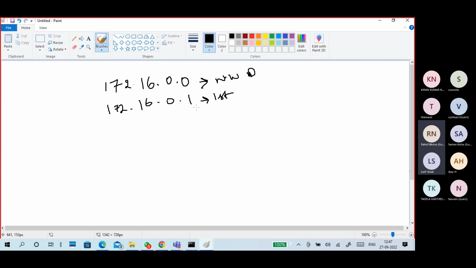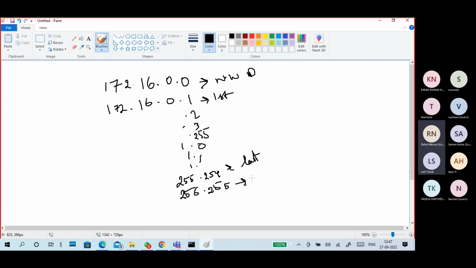So you can assign from here 0.1, 0.2, 0.3, up to 0.255, and then 1.0, 1.1, 1.2, like this. When it is finished, 255.254 is the last valid IP. The very last one is 255.255.